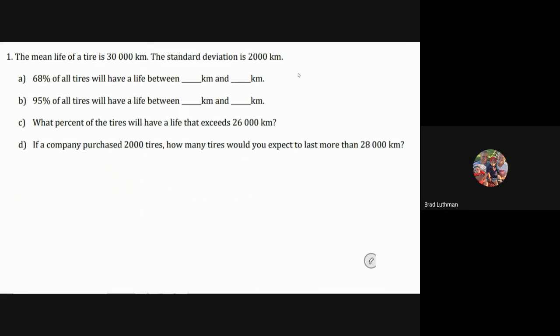Okay, so what we have found, just to draw this off to the side before we start on number 1, is in terms of the 68, 95, 99.7 rule.